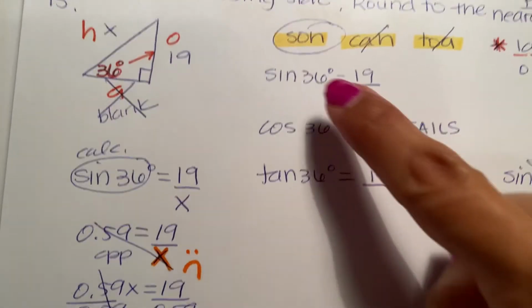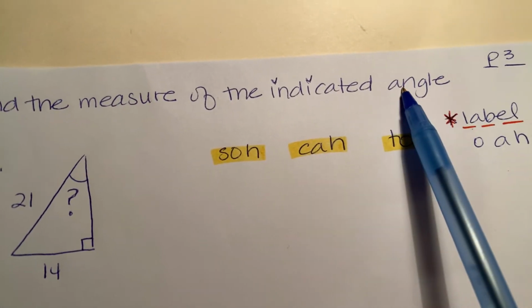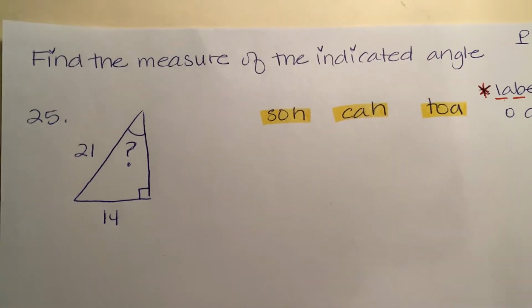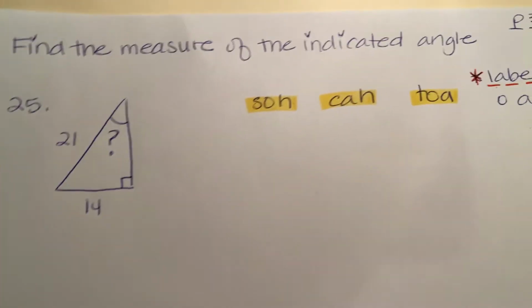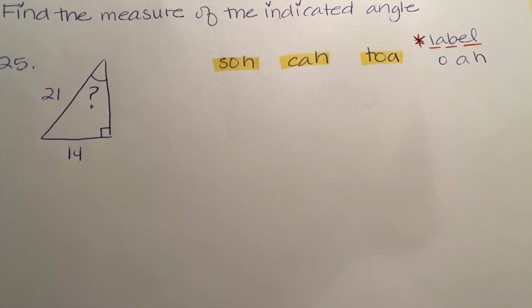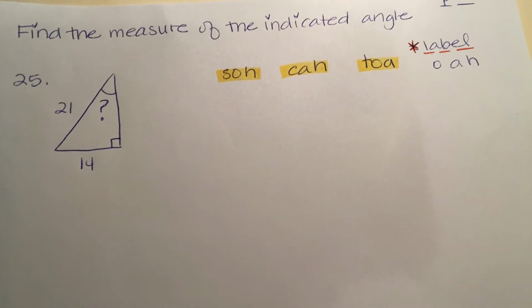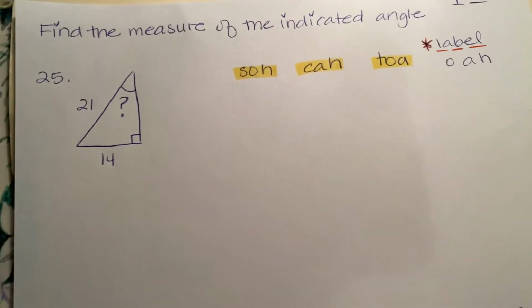So we use sine, cosine, tangent. When you're looking for a missing angle, now we're looking at inverse sine, inverse cosine, inverse tangent, okay? But the first two steps are still the same. It isn't until you're ready to throw it into a calculator that you actually inverse, okay? All right, here we go.